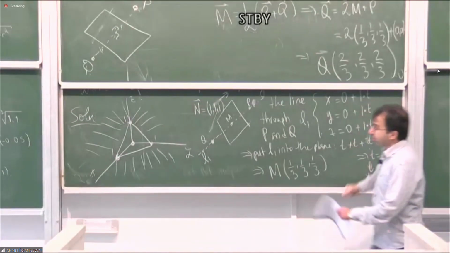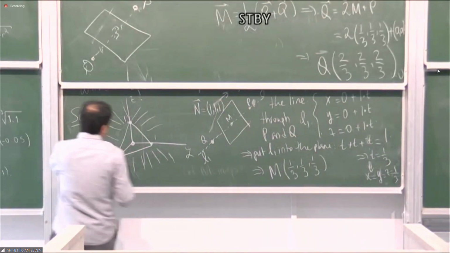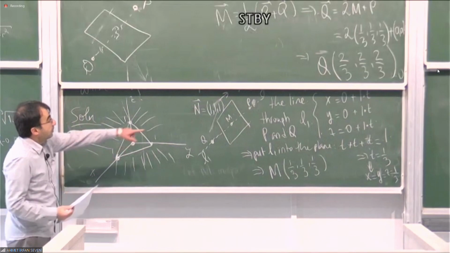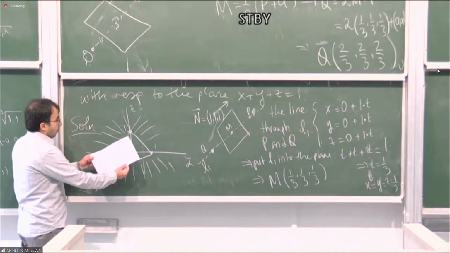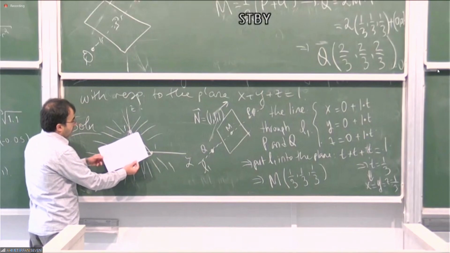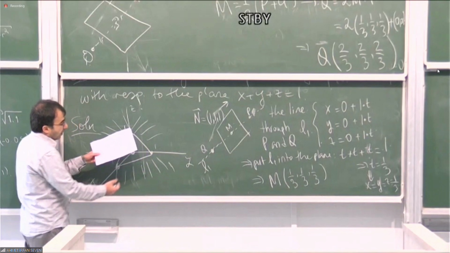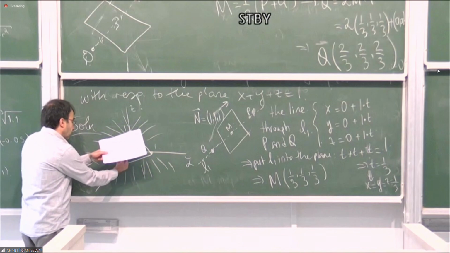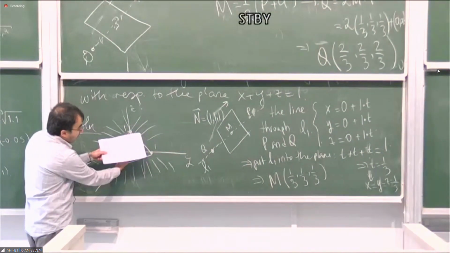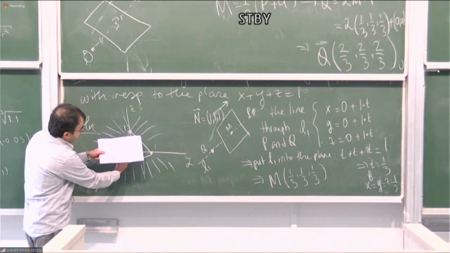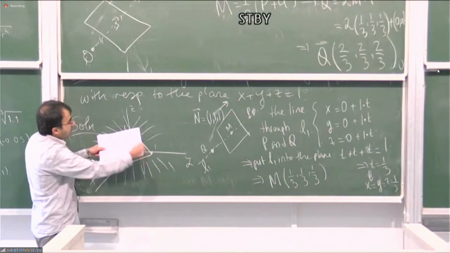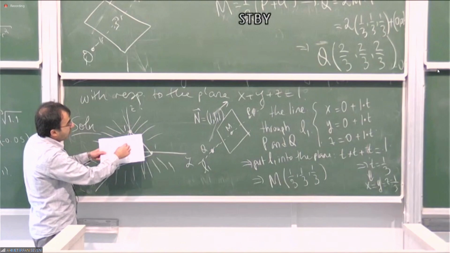So let me try to show it now on this picture. Unfortunately, this picture is not exactly like that. This was the plane, and our origin is behind this plane, if we think of it. Then its symmetric partner will be on this side. P was on this side, so the symmetric partner will be on this side.